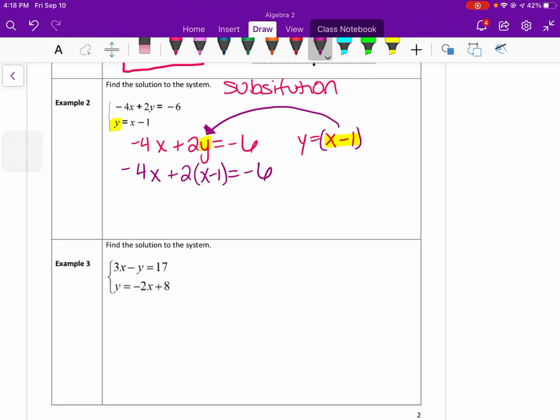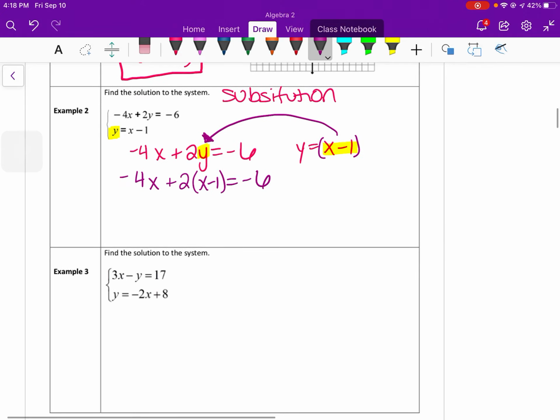Notice when I make that substitution, I plug in the x minus 1 for y. Now I have an equation with just one variable, x, so now I can solve that. So first thing you're going to have to do is distribute this 2 into the parentheses, so it's going to be -4x plus 2 times x is 2x, 2 times -1 is -2, equals -6.